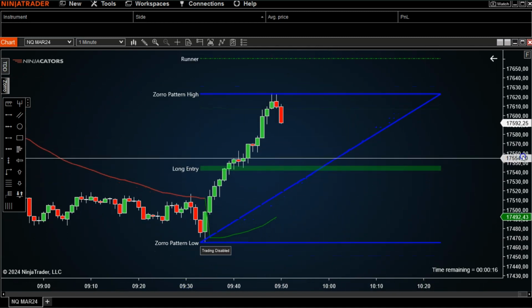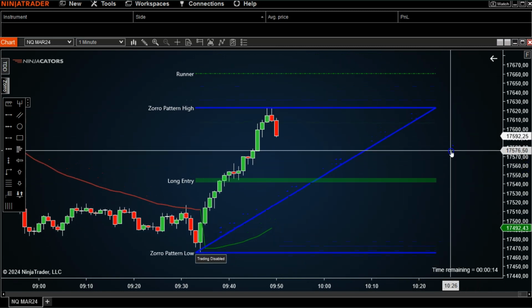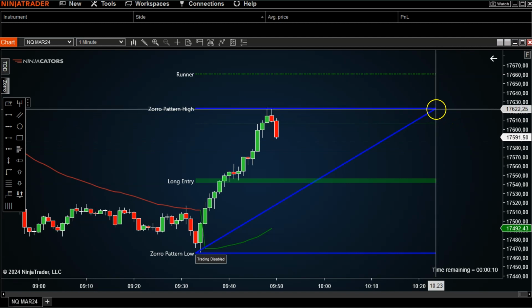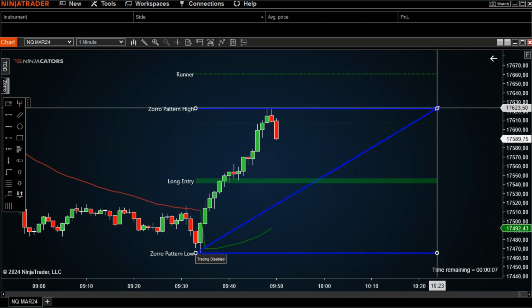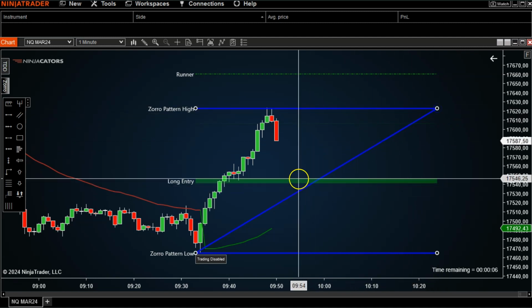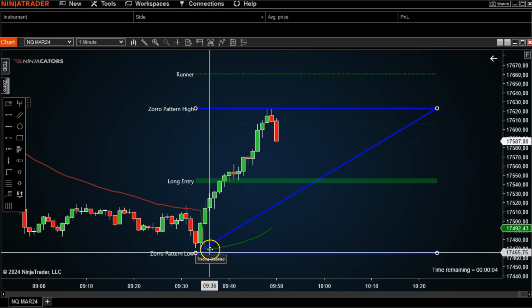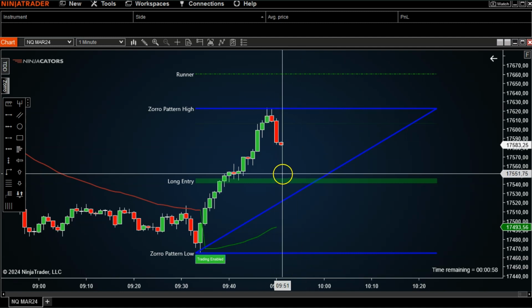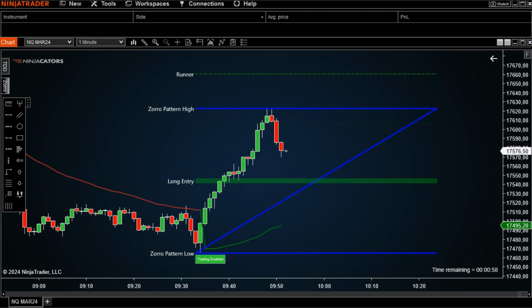Now the idea is as soon as price pulls in to that zone, I can then go ahead and enable my automated trade entry feature, as you'll see when I click the button in the bottom left corner there. So as soon as price would then move into that zone, I would automatically get entered into a trade.